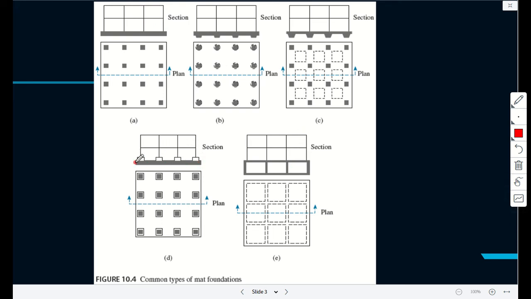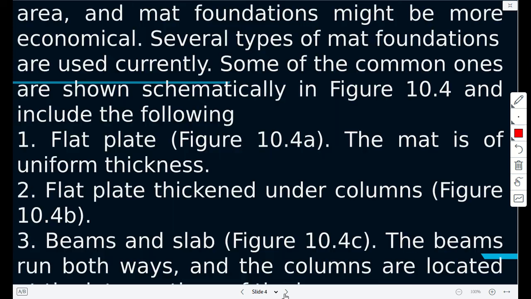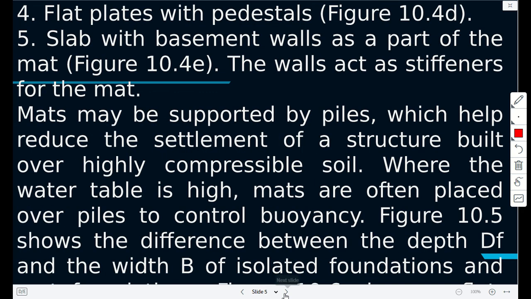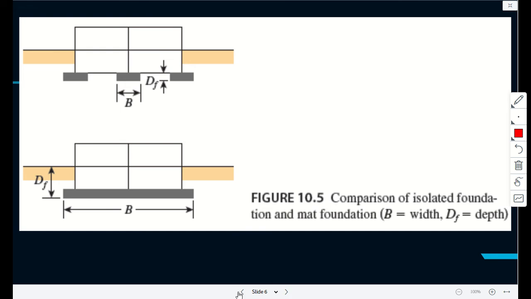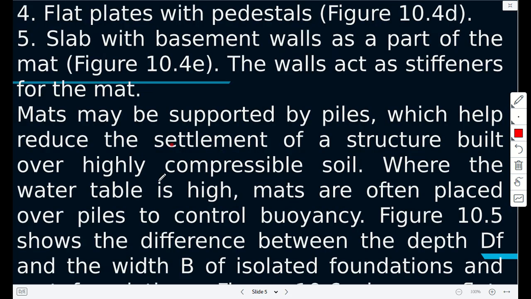So this is the normal mat footing, but you add some pedestal. Then you can have some walls. You can have additional walls on the mat plate as shown. So that's a different way of enhancing the mat footing.